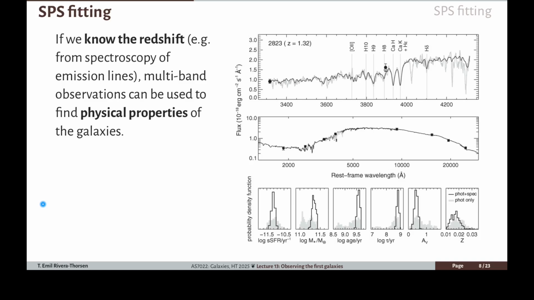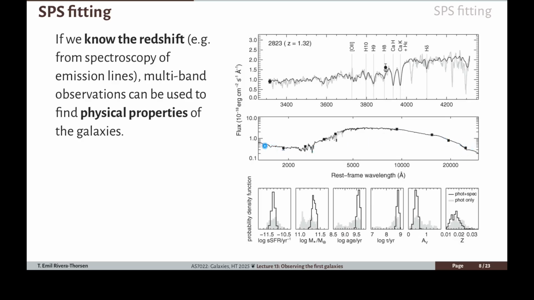So, for example, if we know the redshift for a galaxy and we have multiband observations, we can use these to find the physical properties of the galaxy. As I said before, we have an example here where we have, as you can see, a number of measured fluxes and magnitudes in these broad filters.